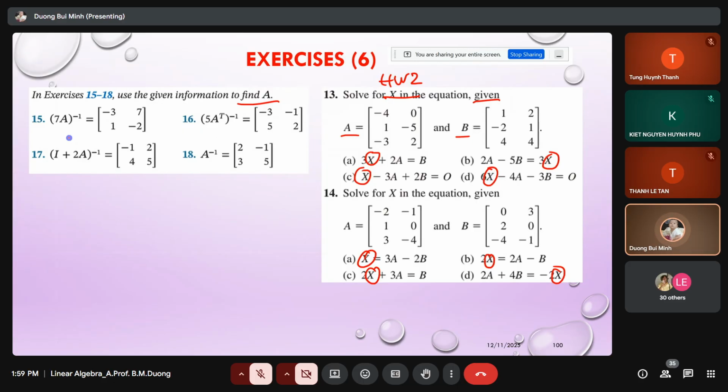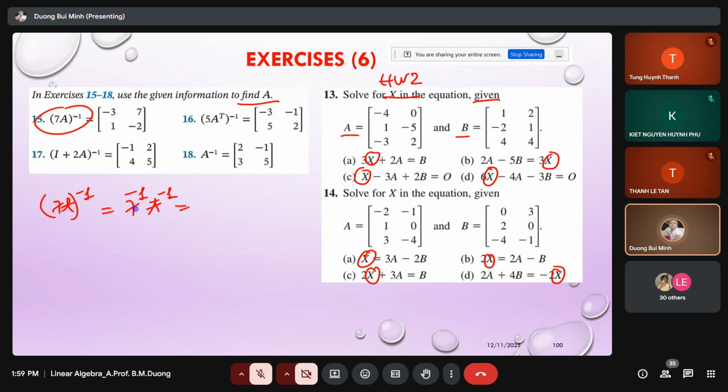Okay, here, to find A. For example, we know 7A to the inverse. That means we have 7 inverse and A inverse.